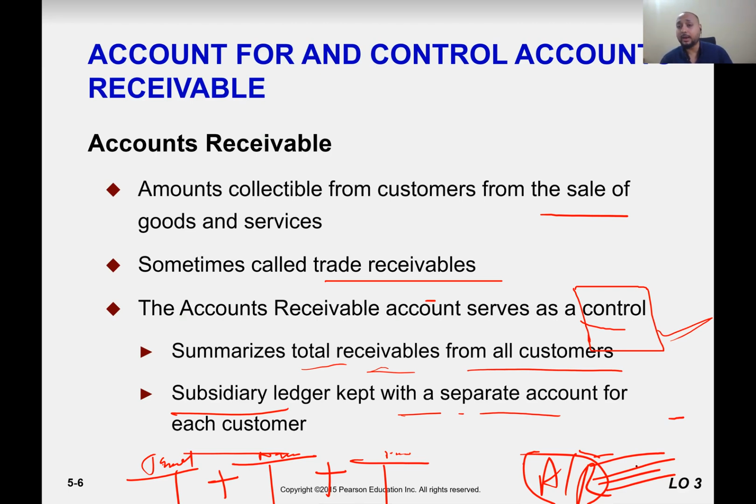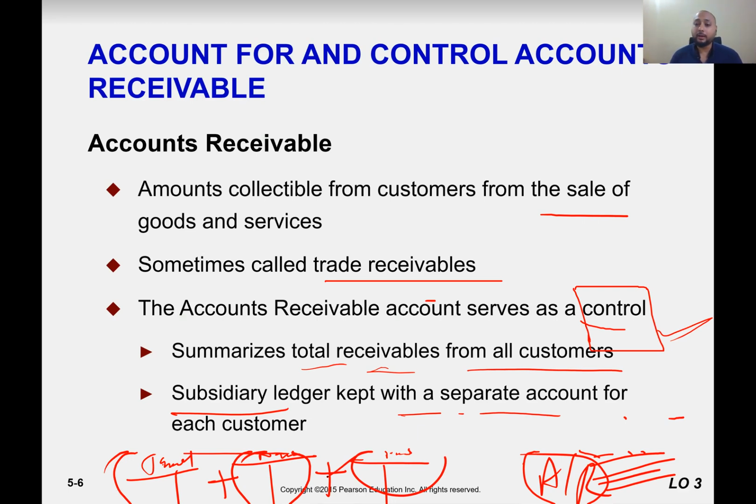So that doesn't mean that if a company wants to know how much Mr. Jamal owes, you don't know it just because your total accounts receivable is 100,000. If you go to the register, we have subsidiary ledgers of each and every customer, right?